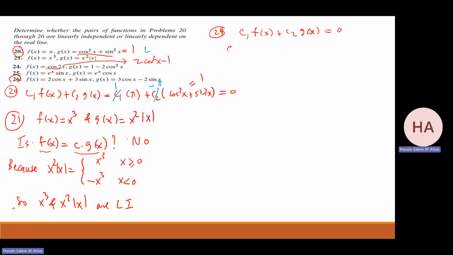How? Let me write C1 cosine 2x plus C2 times (1 minus 2 cosine squared x) equal to 0. Now, I need to know this is 2 cosine squared x minus 1. So if I choose C1 as 1, and I add it with this, choosing C2 also 1, I'm getting 0. So they are linearly dependent.